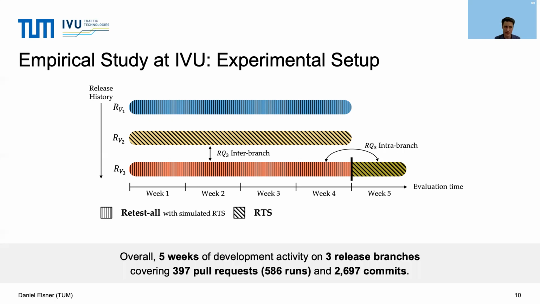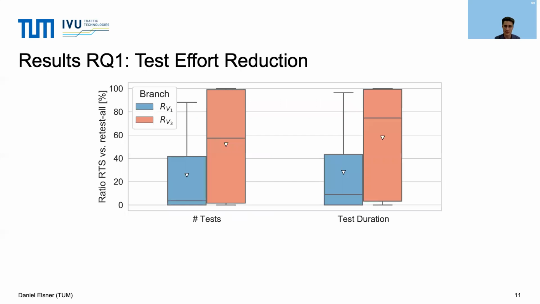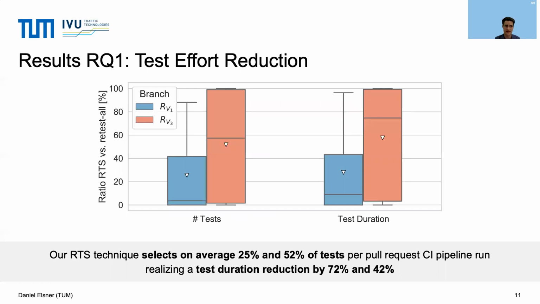Overall, we consider 5 weeks of development activity on 3 release branches and cover roughly 400 pull requests and roughly 2,700 commits. Let's have a look at the results for research question 1. What we can see is that the test effort reduction is quite big. We select on average 25% and 52% of tests, depending on the release branch.